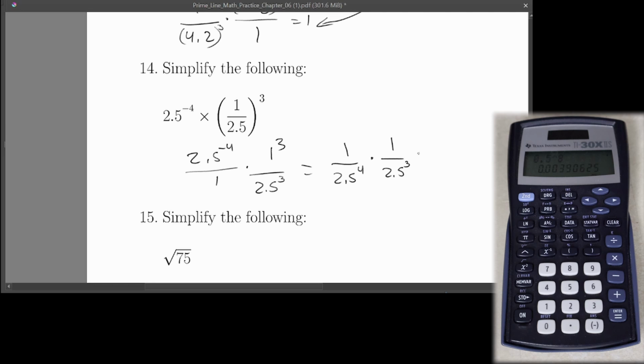And when we combine this, we can get 2.5 to the 4 plus 3, and 1 over that. So 2.5 to the 7th power over 1, or 2.5 to the negative 7th power.